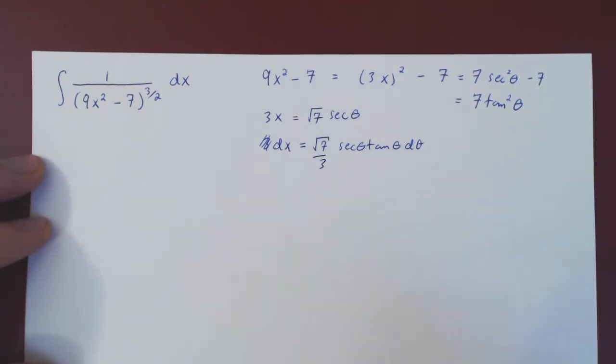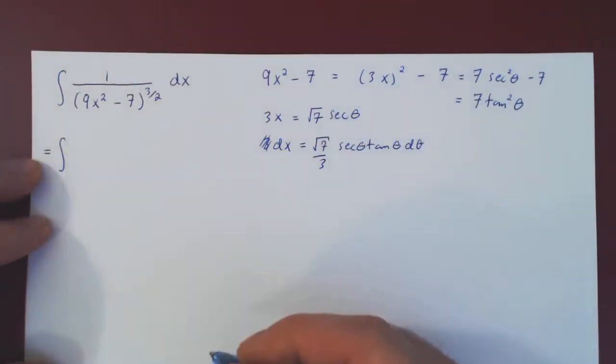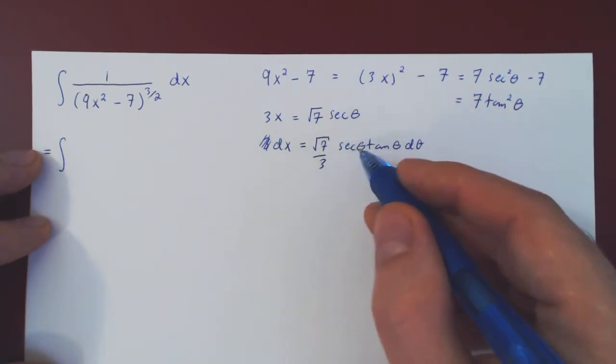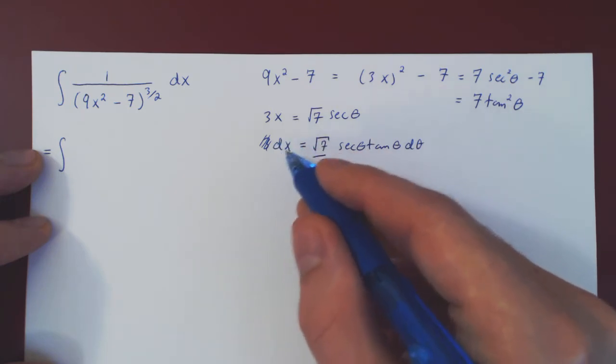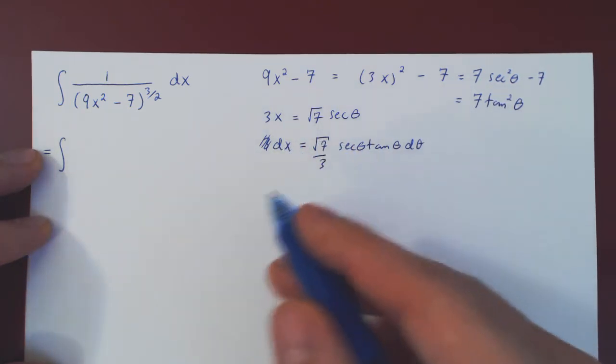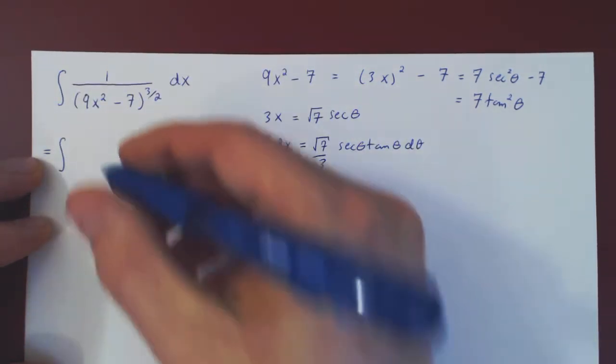So let's replace everything now. So we'll have a root 7 over 3 secant tangent d theta for our dx. I'll put the root 7 over 3 up front as a scalar multiple, well, still inside the integral for now.